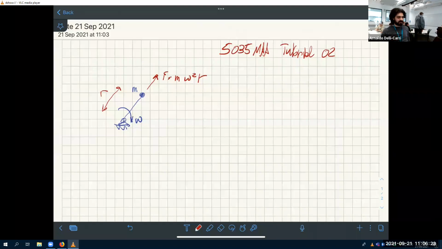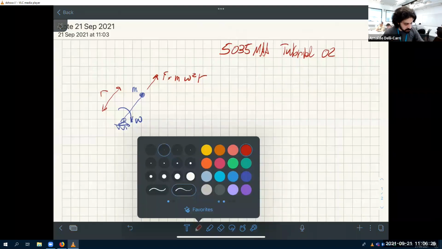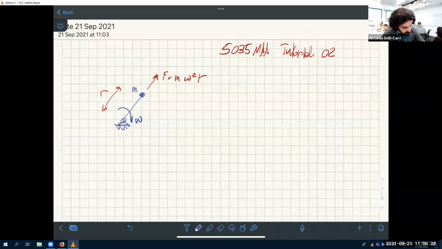So this is what's happening if you have an out of balance mass that is rotating around a certain point. Now, what happens if you have a long rotor with many masses? Let's say you have support here, then you have rotors here, here, here, and here.